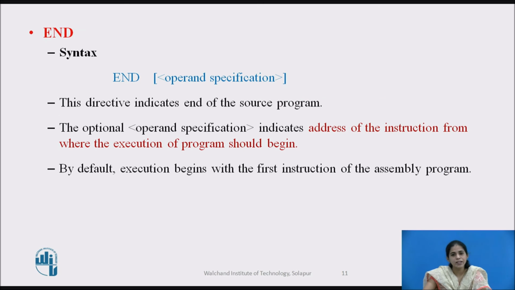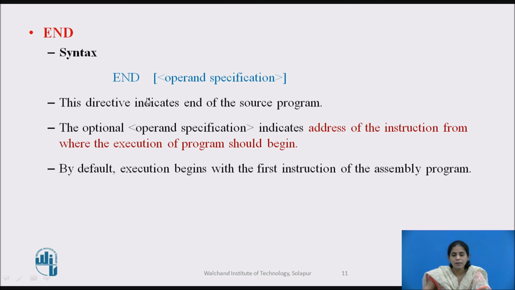Now the second assembler directive is END. How do we write the END assembler directive? The syntax is END, and after that we specify the operand specification, but this operand specification is written within curly brackets. So this part is optional. It is not compulsory to specify the operand specification in the END assembler directive. Basically, the END assembler directive indicates the end of the source program.